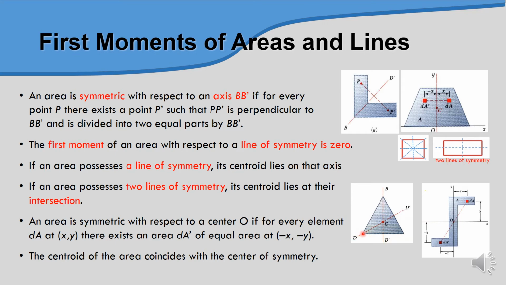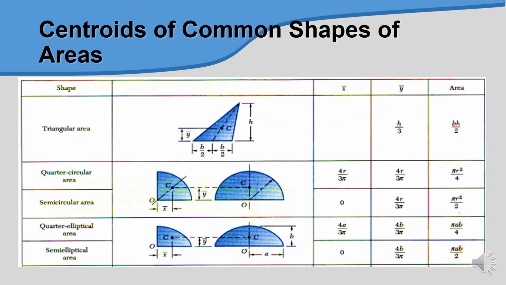So we have a triangle something like this, and this is the centroid. So this diagram shows the centroid of common shapes.